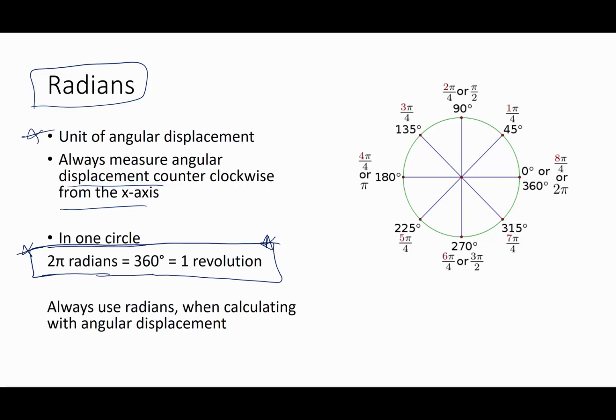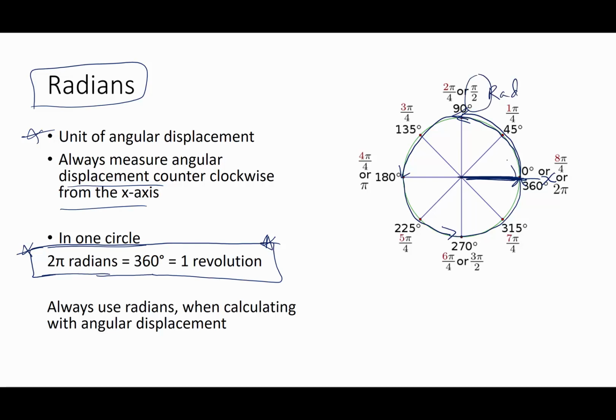When we are measuring angles with radians, we always start on the x-axis and move in the counterclockwise direction. This is the same direction that is used in math, different than the direction used on a compass rose, going from north to south to east, etc. If you start at the x-axis and move up to 90 degrees, you go through pi half radians.